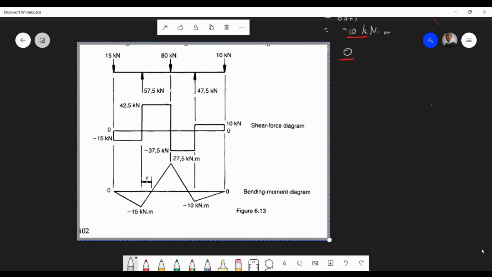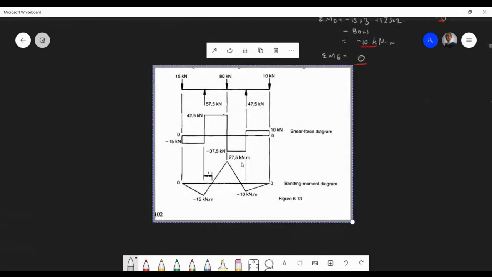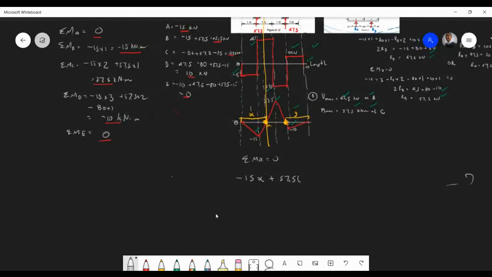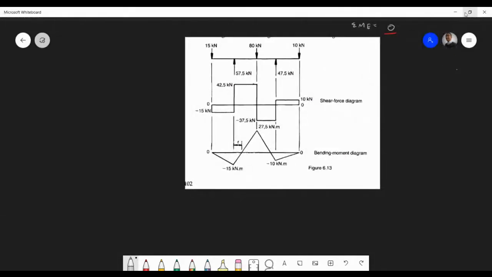Are we all on the same page over here? Yes. So let me just get it neater now. We're finding this, and we're going to call it R for this argument's sake. So we're taking moments at this point here.